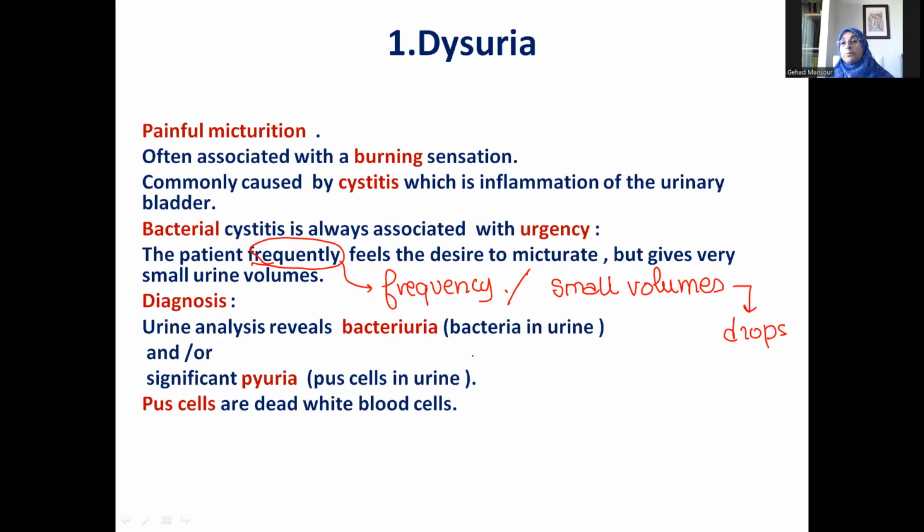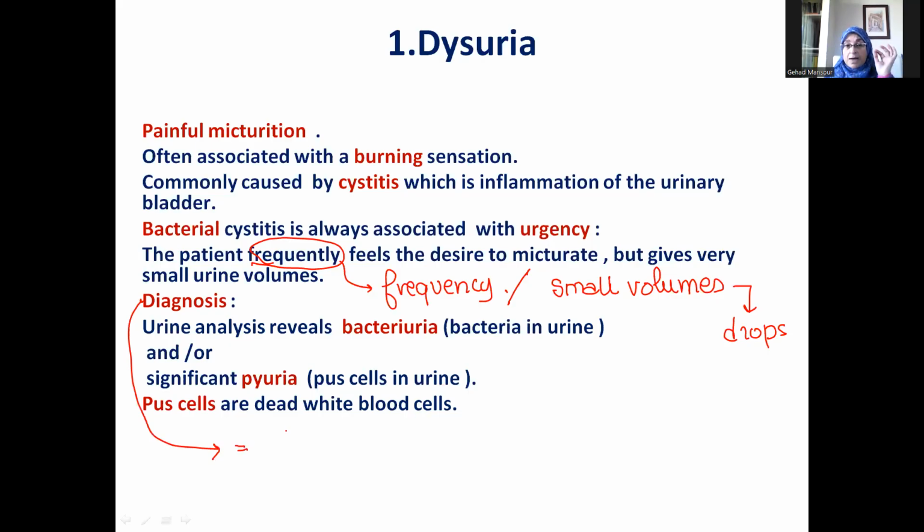Okay, so if you go tell this history to your medical doctor, he would think first of cystitis. Dysuria is the symptom. Cystitis is the cause of dysuria. Cystitis, or inflammation of the urinary bladder, is the disease that caused this dysuria. So what would the doctor do in order to confirm the diagnosis?